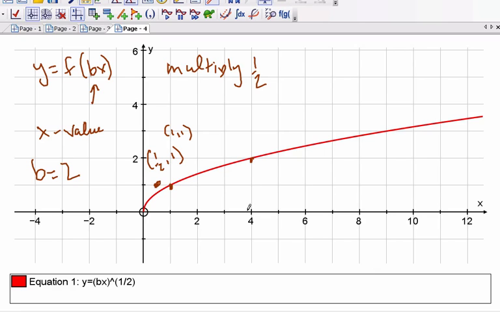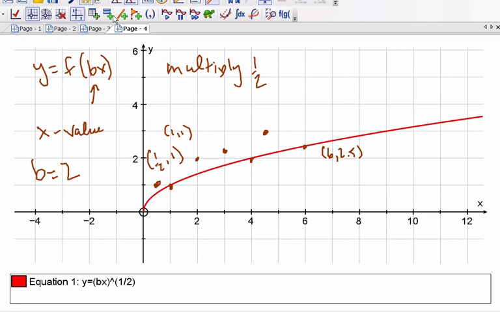This point here, which is 4, 2, multiply the x value by a half. Half of 4 is 2, 2. This value here is 6, about 2.5. Well, multiply the x value by a half, and I get 3. It's going to be about here. 9, half of 9 will be 4.5, which will be about there.